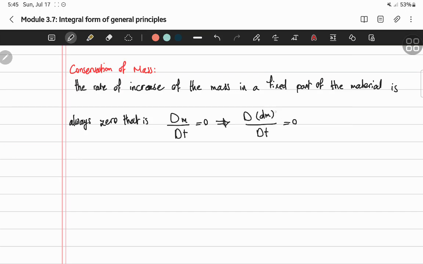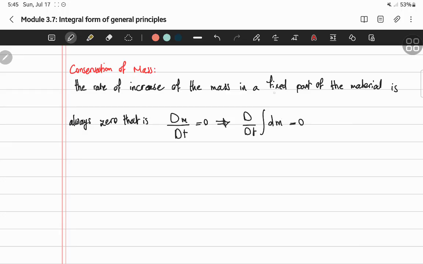And since we said that we will integrate over the whole domain, over the material, we have to change this, so we have D Dt of dm is equal to 0.